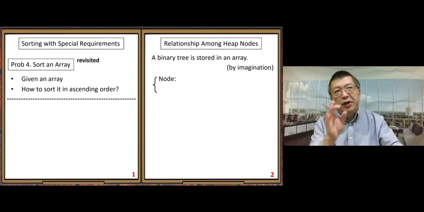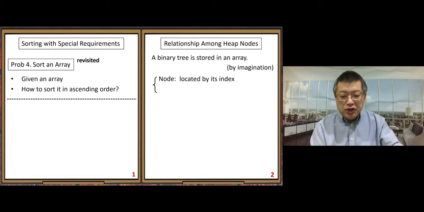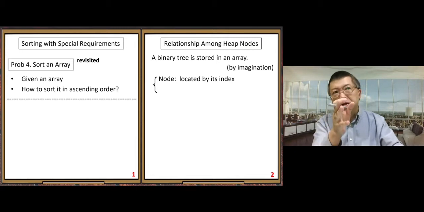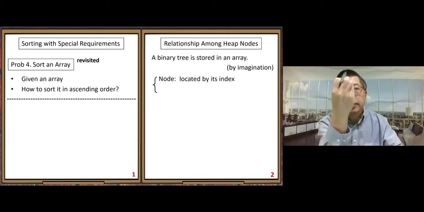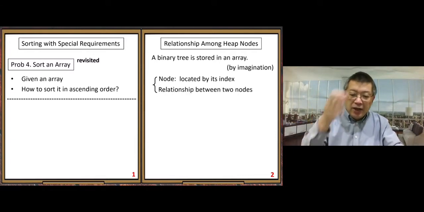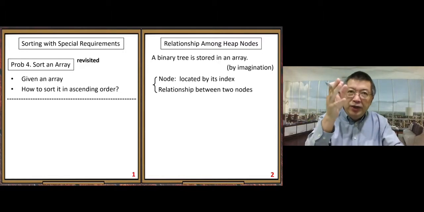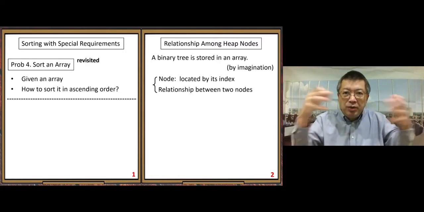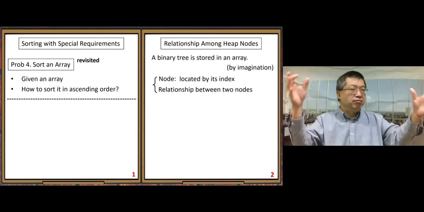First, let's look at each node. Each node has its own index corresponding to the location in the array. All right, now how do we describe relationship between two nodes? Parent-child.